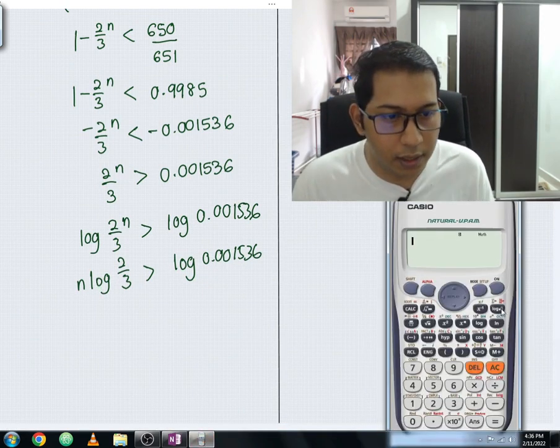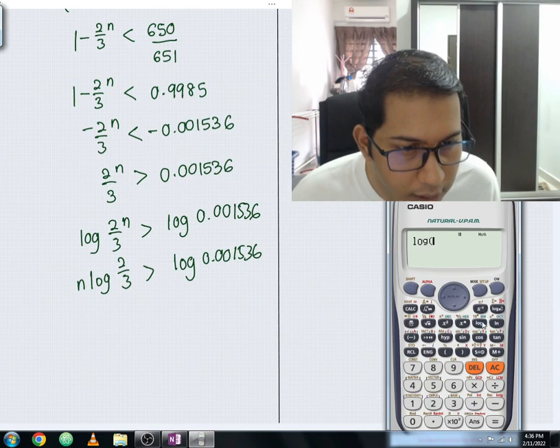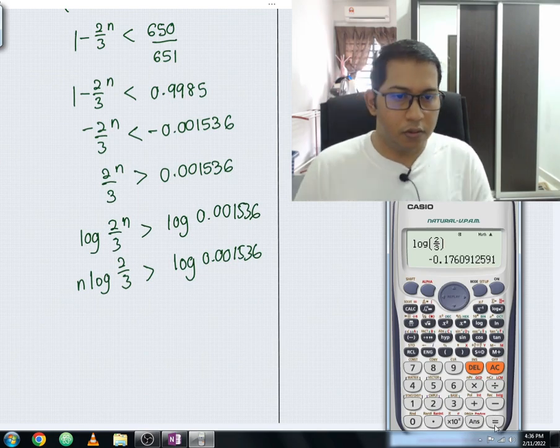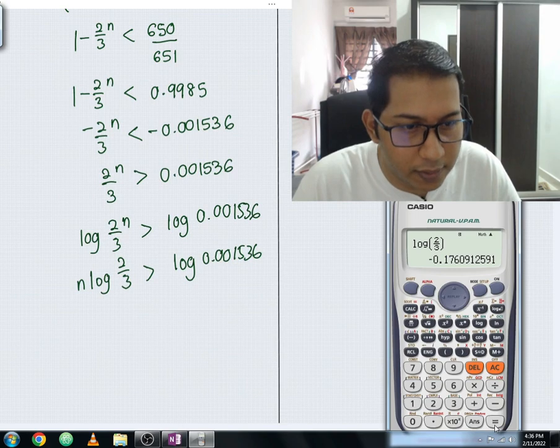Let us open our calculator, just key in log 2 over 3, close bracket. From here you get negative 0.1760912591.